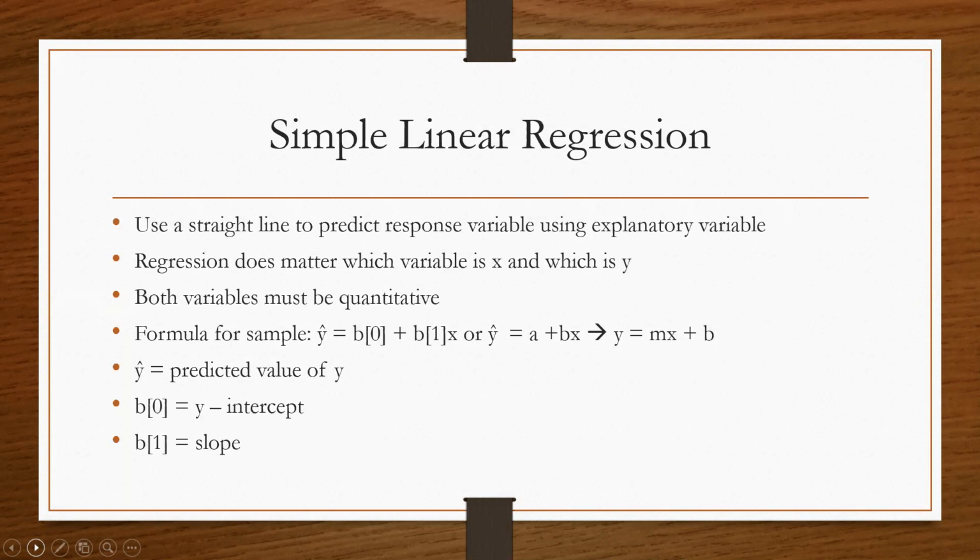The formula, you might have seen a few different ways: y hat equals b naught plus b1x, or y hat equals a plus bx. It's all just derived from y equals mx plus b. So y hat is the predicted value, b naught or a is the y-intercept, and b1 is the slope.